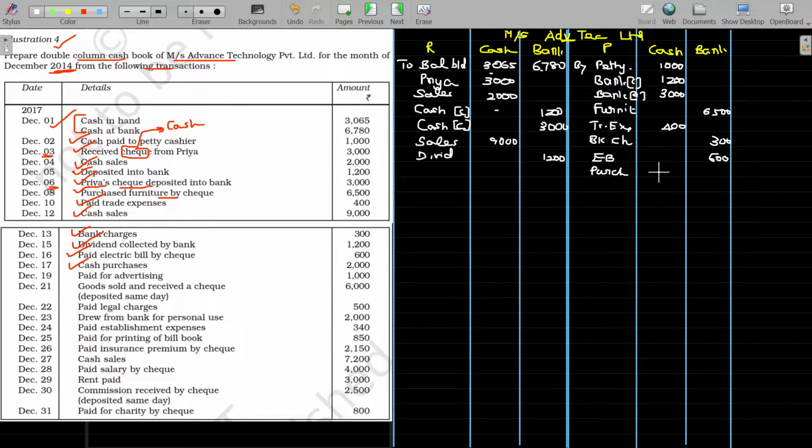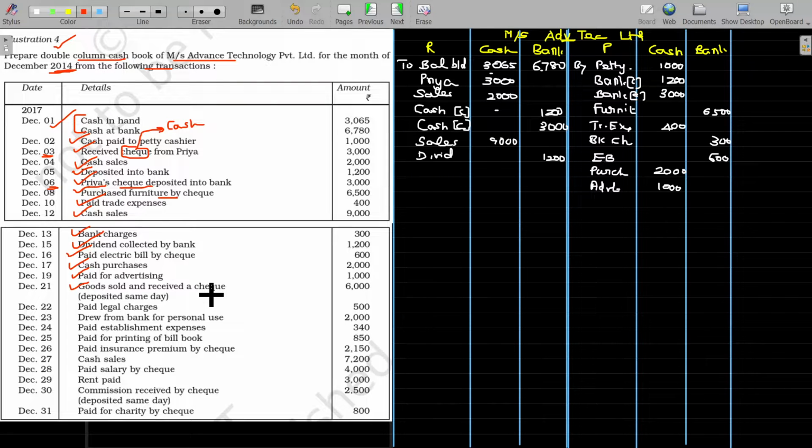This value being 2000, that too cash purchases, so I put the value in the cash column. Paid for advertising in the payment side, value being 1000. As it's not clearly mentioned whether it's by cash or check, I assume this being a cash payment of 1000, so I'll put the value in the cash column.